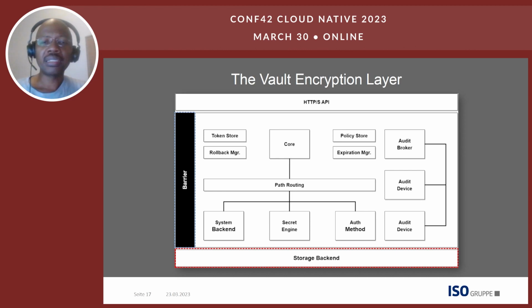Therefore, the data must first be encrypted before being written to the storage backend, so that even if the storage backend is compromised, the hacker may not be able to use the compromised data, since it will remain encrypted until Vault itself decrypts it.